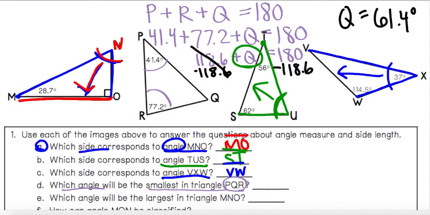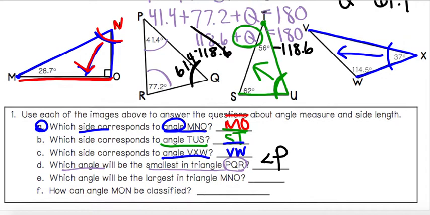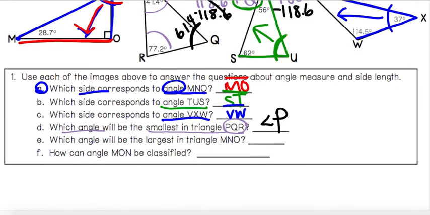So we just discovered that angle Q over here is 61.4. Now we can clearly see the question asks, what angle is the smallest? And we could say angle P is the smallest angle at 41.4.